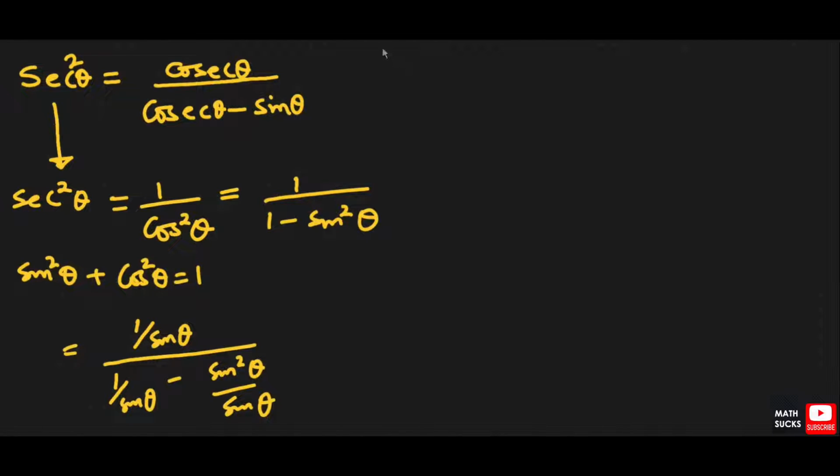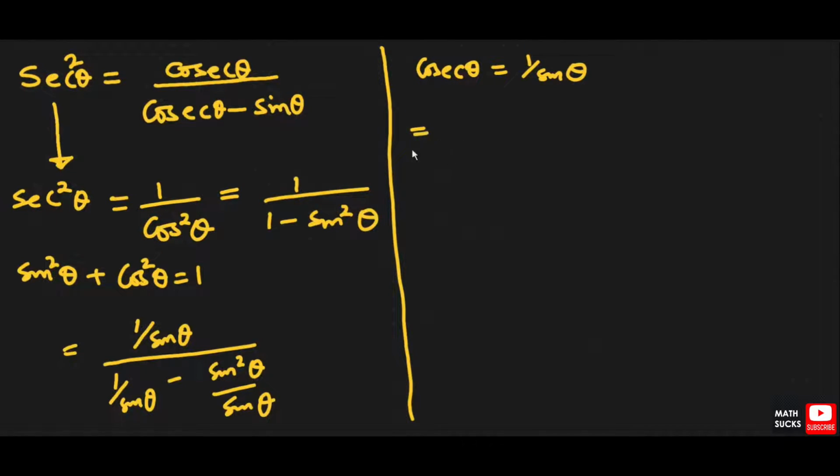When we get here, I think you can see that it's straightforward. You just need to recall that cosec of theta is the same as 1 over sine of theta, which means the upper part becomes cosec of theta.